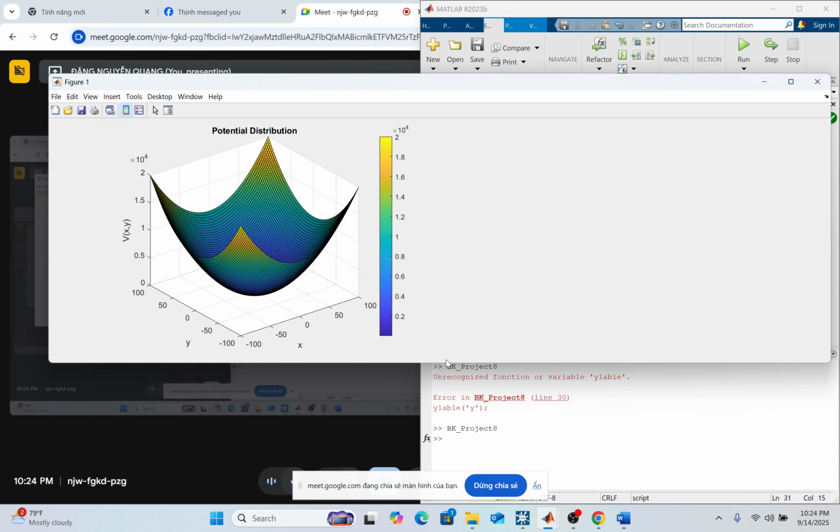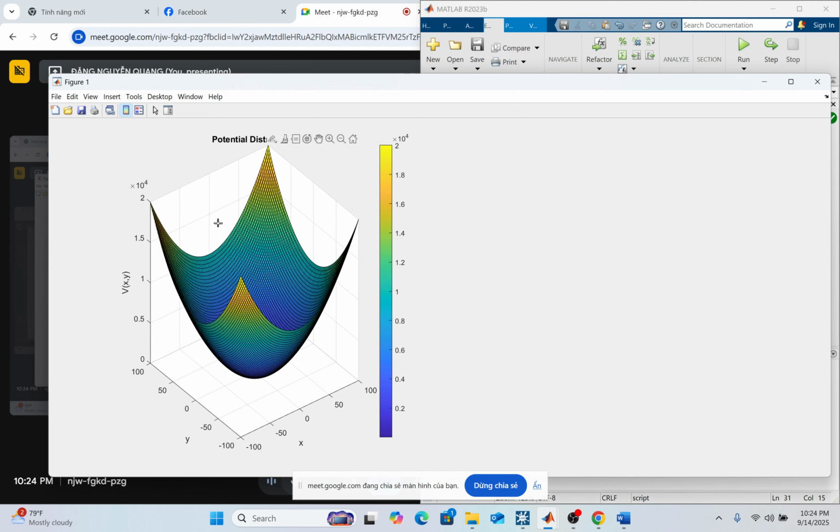As you can see, this is not continuous, right? It is divided into grids because on the x-axis I have values from minus 100 to 100, but actually I only have 100 points inside here, which means I don't have negative 99, I don't have 1, 3, or 5.